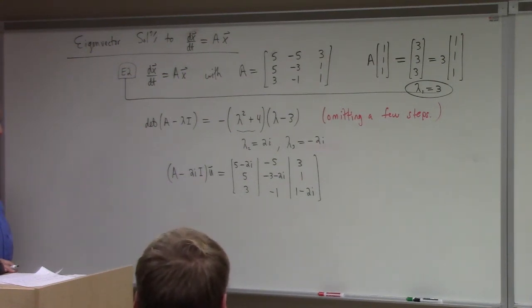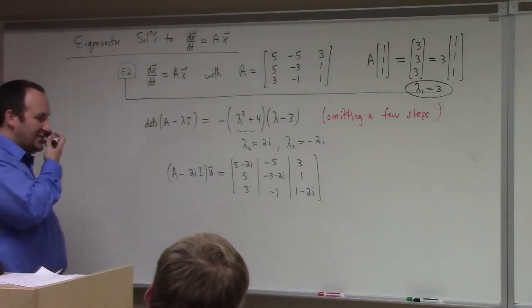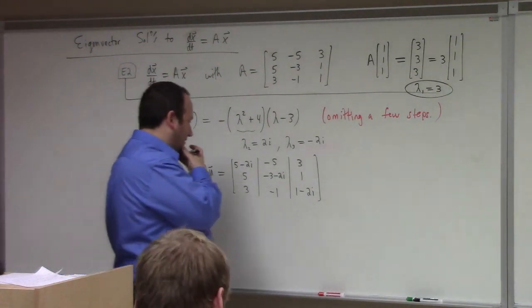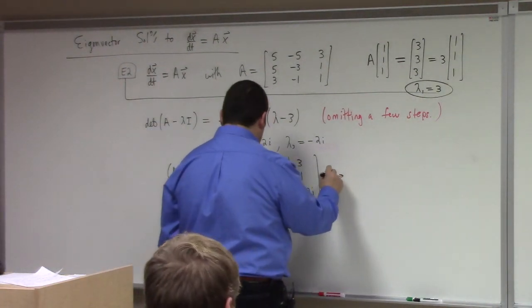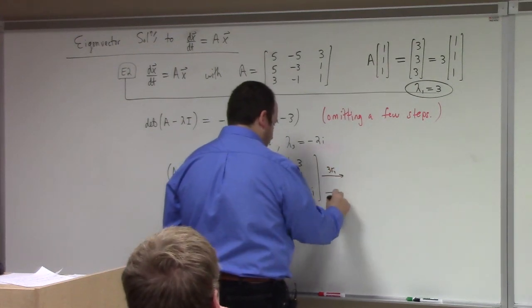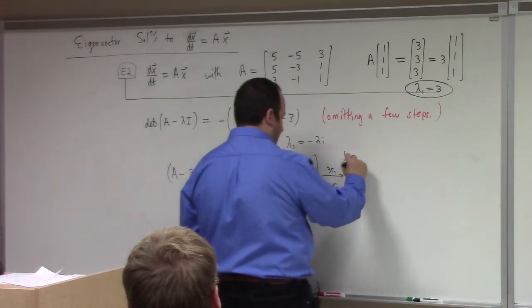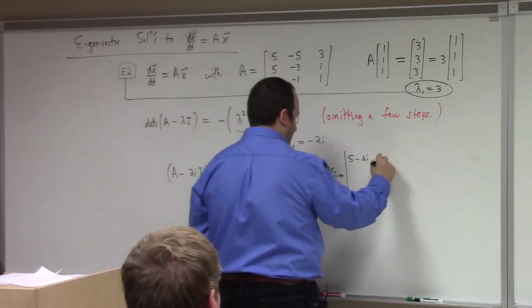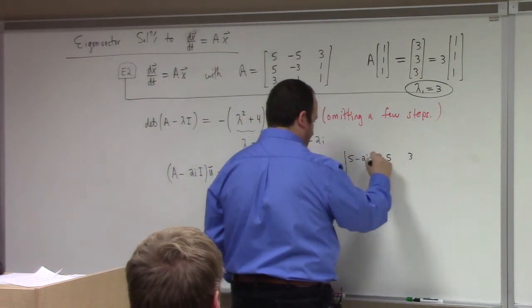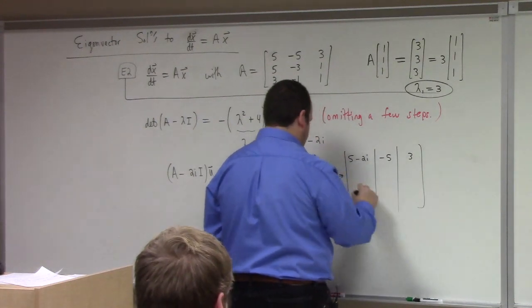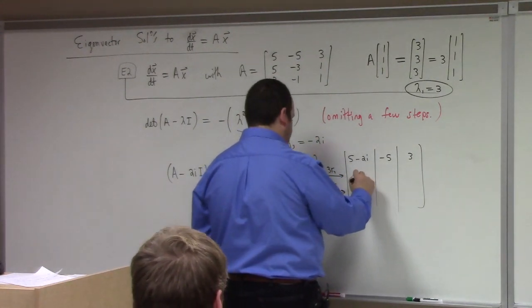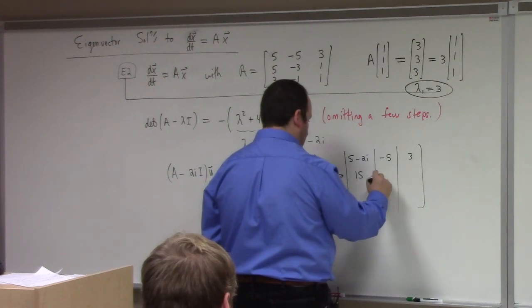When I'm faced with a problem like this, what I usually do is pick on the easier part. So I multiply this 3 times row 2, multiply this 5 times row 3. I do that so that they match up.